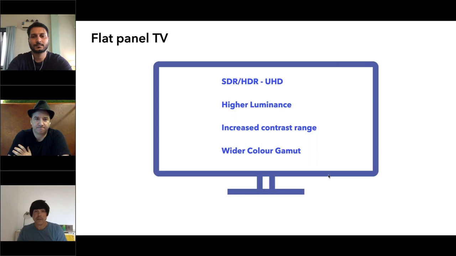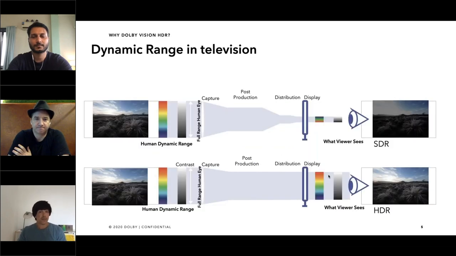So thanks to the Dolby Vision process, we can now transport way more from the initially captured dynamic range through post-production, through the distribution process, and have it displayed more lifelike on today's HDR displays.